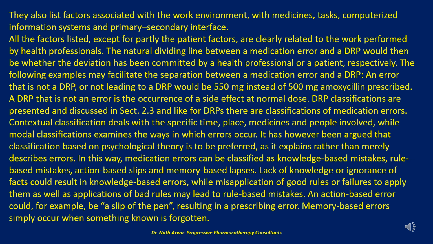An error that is not a drug-related problem, or not leading to a DRP, would be 550 mg instead of 500 mg amoxicillin prescribed. A drug-related problem that is not an error is the occurrence of a side effect at normal dose. Drug-related problem classifications are presented and discussed in Section 2.3, and like for drug-related problems, there are classifications of medication errors.